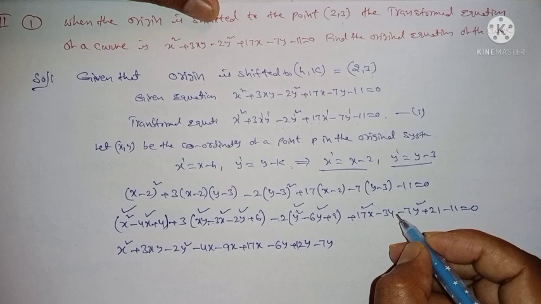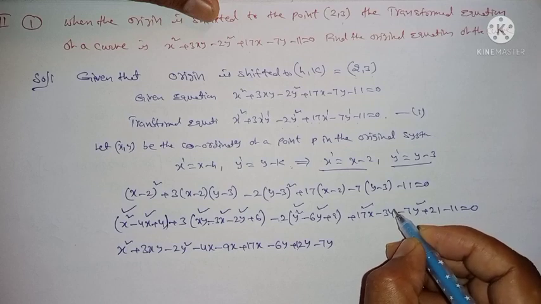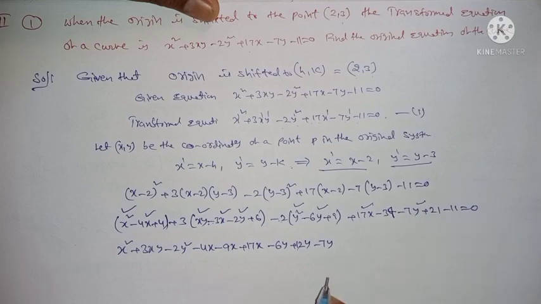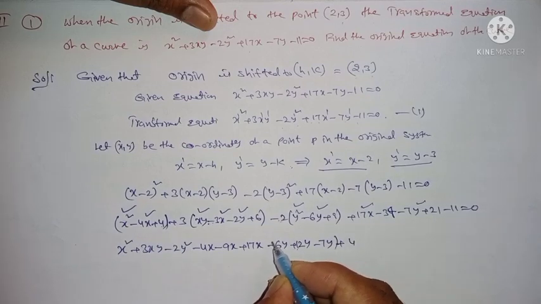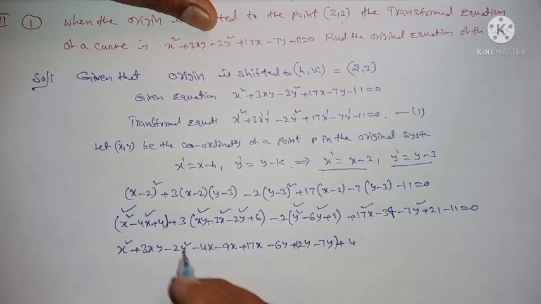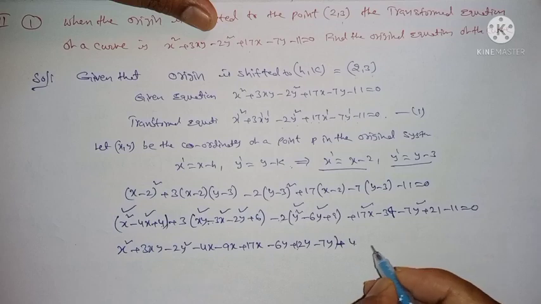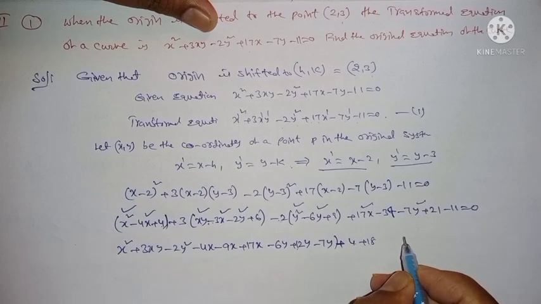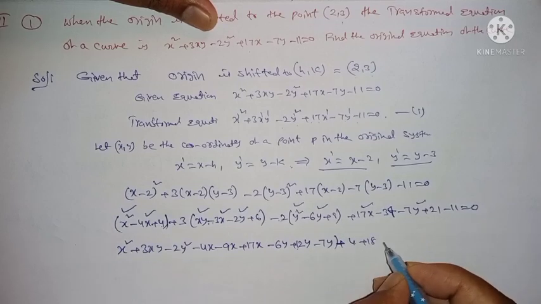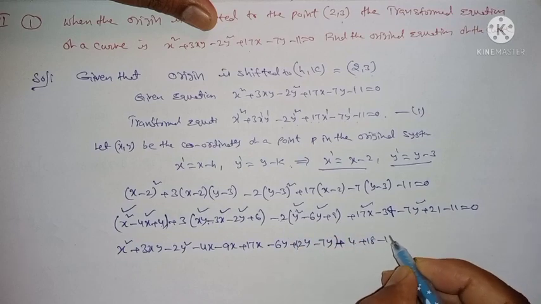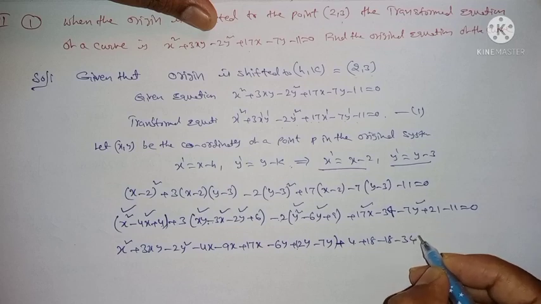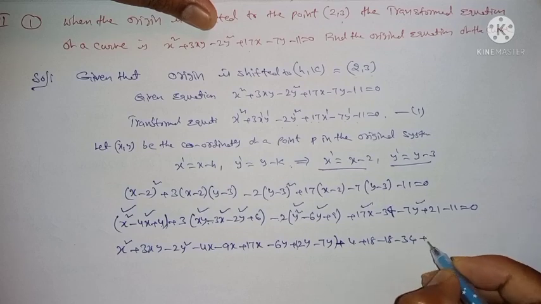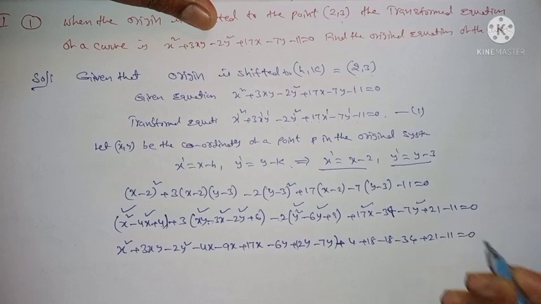Okay, this is 34 only. And constants: 4 plus 18 minus 18, and minus 34 plus 21 minus 11 is equal to 0.